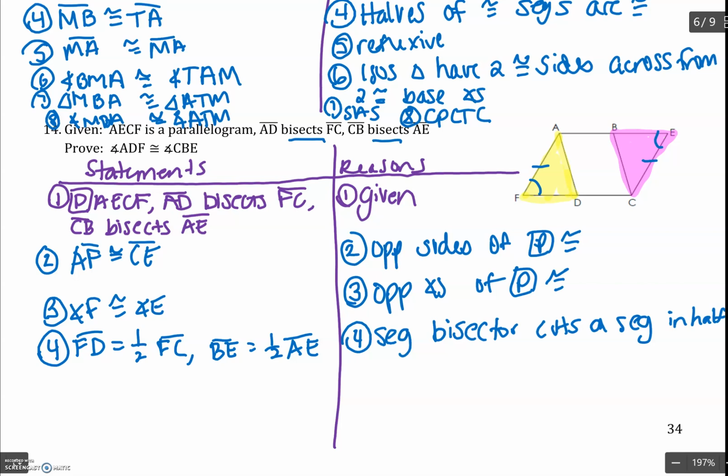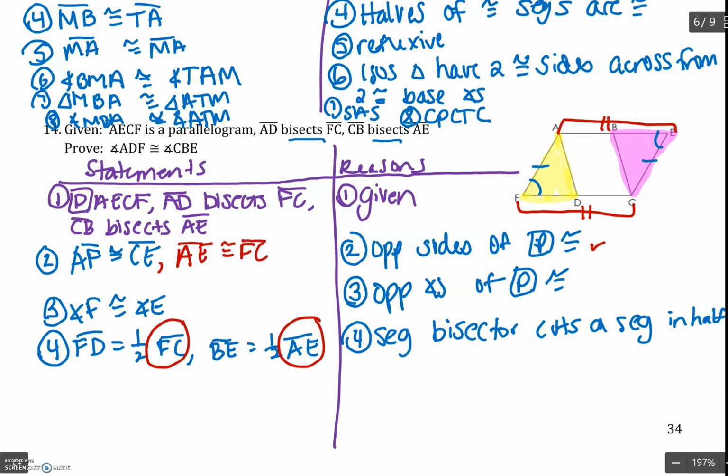I don't currently have anything that says that FC and AE are the same. But if you look at what they are, FC and AE are the same because they're also opposite sides of the parallelogram. So I can include them in step 2. AE congruent to FC. And since they are equal, that means that FD from here has to be congruent to BE from here because they're half of the same amount.